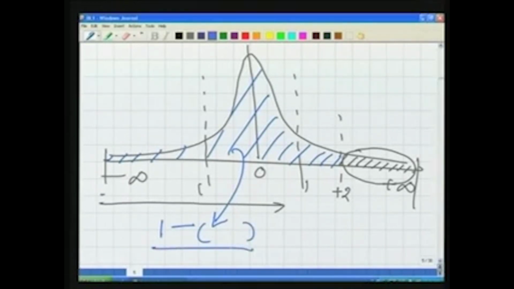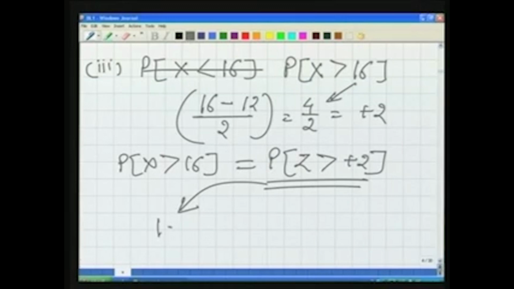What is that? The area shaded by blue color is the probability that Z is less than plus 2. So, what we are looking for is 1 minus the probability that Z is less than plus 2.